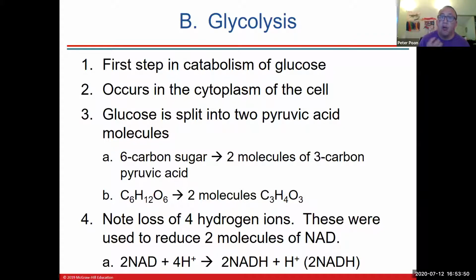Remember that means glucose is oxidized. If something is oxidized, something has to be reduced. So these are used to reduce 2 molecules of NAD into NADH. Again, NADH is a high energy molecule. We'll use that later.